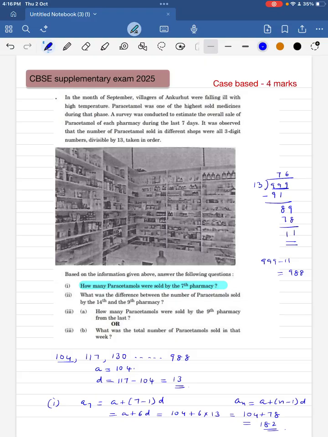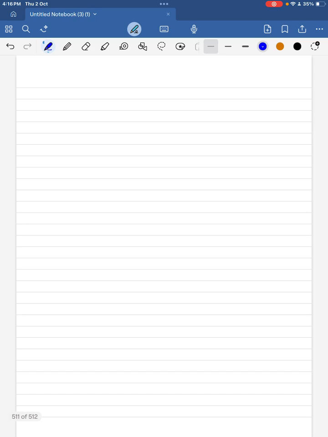Now in the second part, we need to find out what was the difference between the number of paracetamols sold by the 14th and the 9th pharmacies. Which means we need to find the value of A14 minus A9. A14 will be equal to A plus 13D, and A9 is equal to A plus 8D.